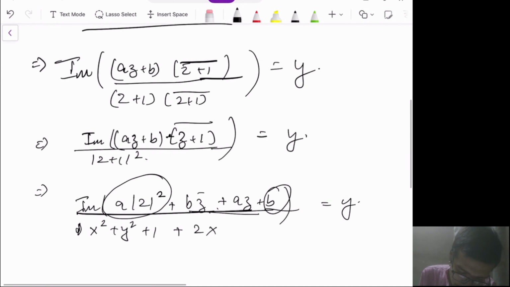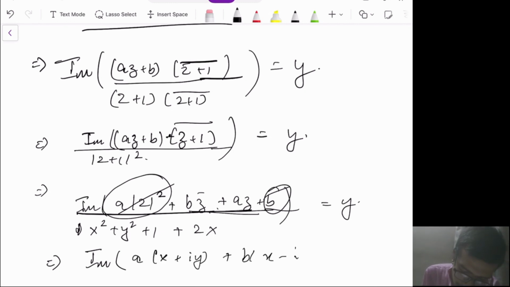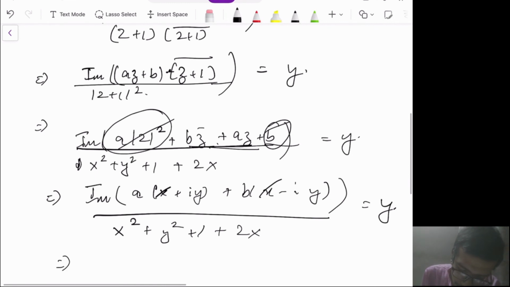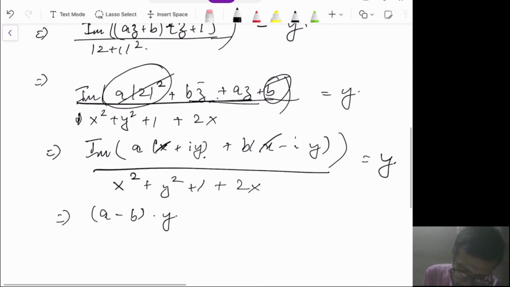Let us see what it is. I can throw away the real parts. So a times x plus iota y plus b times x minus iota y, and again these are reals, I'll throw them away. The denominator is x square plus y square plus 1 plus 2x, equals y, and the imaginary part is going to be ay minus by. So a minus b times y over x square plus y square plus 1 plus 2x, which equals y.